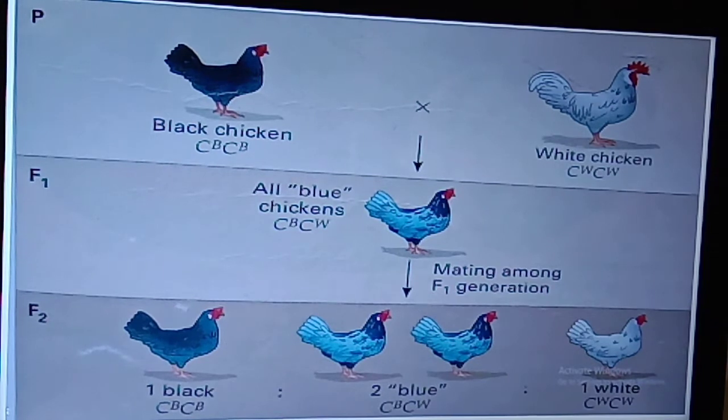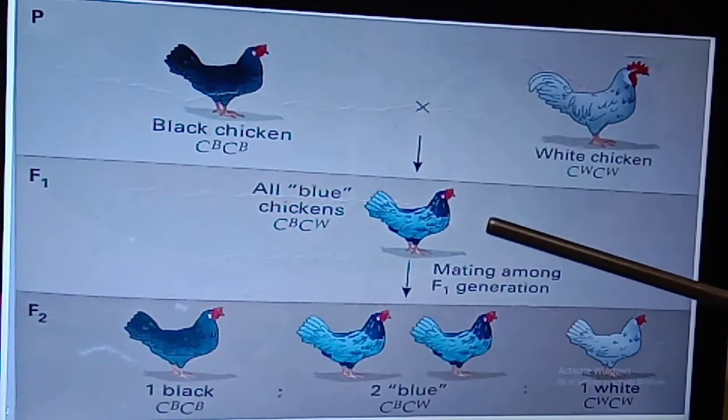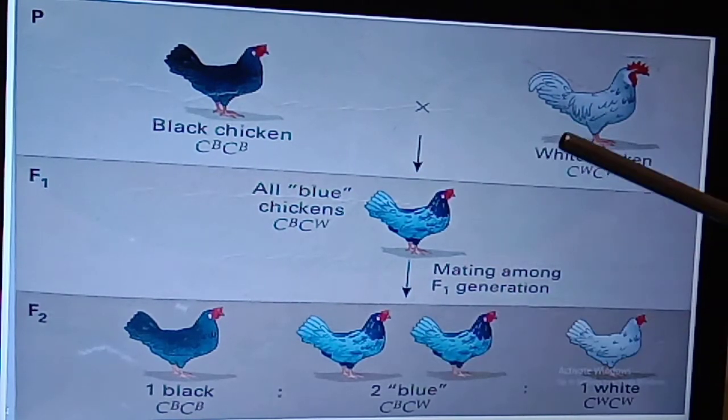This is an example of incomplete dominance wherein the phenotypes of offspring are intermediate between the phenotypes of his or her parents. It is true because the phenotypes of all chickens here in the F1 generation are all blue, not white and not black.